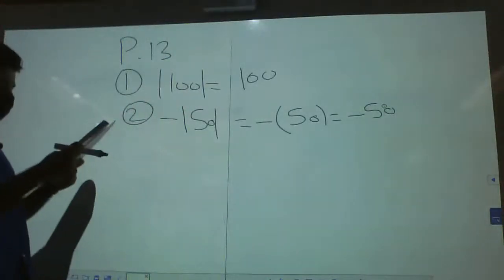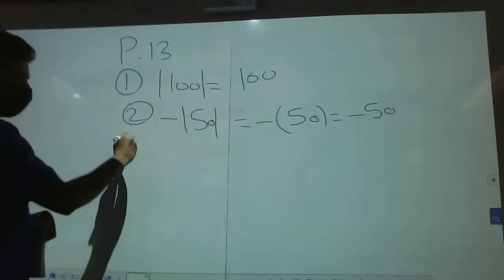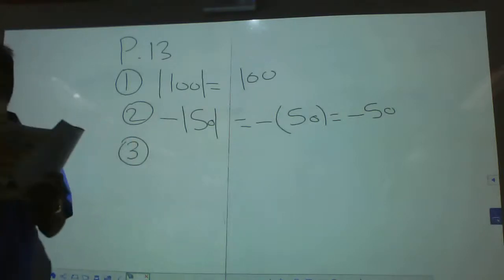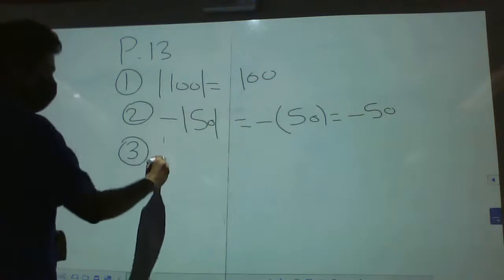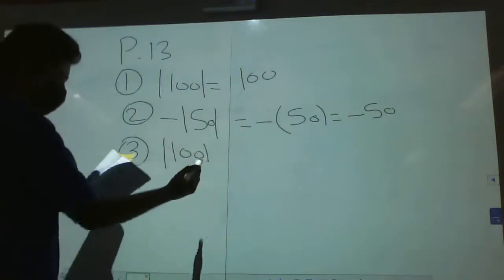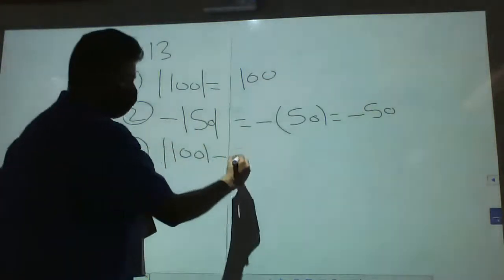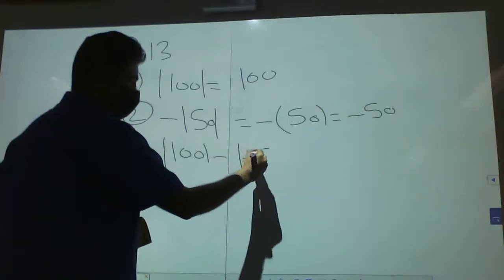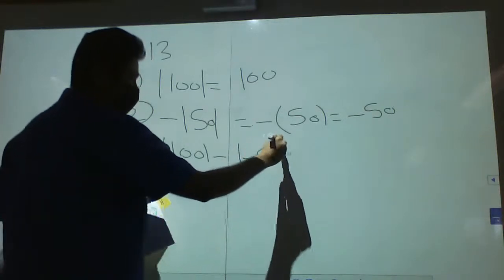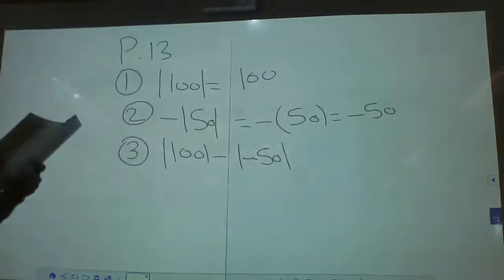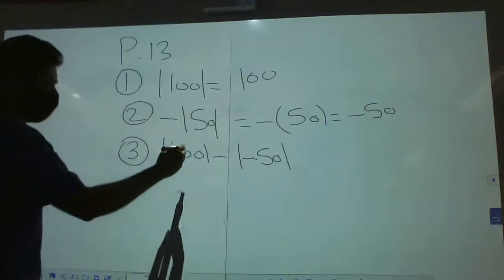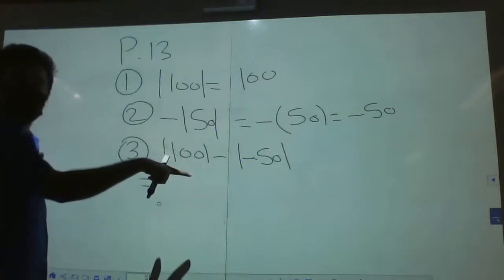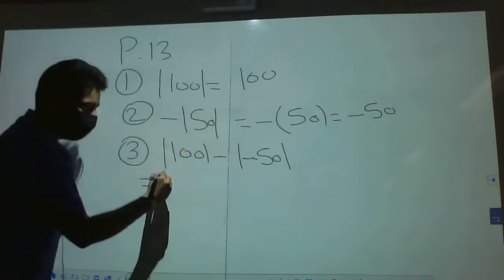Now let's come to number 3. Number 3 is absolute of 100 and minus 50, right? Now here, first, absolute of 100 is what? 100.